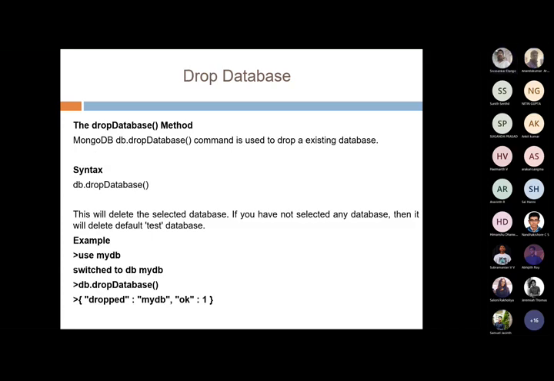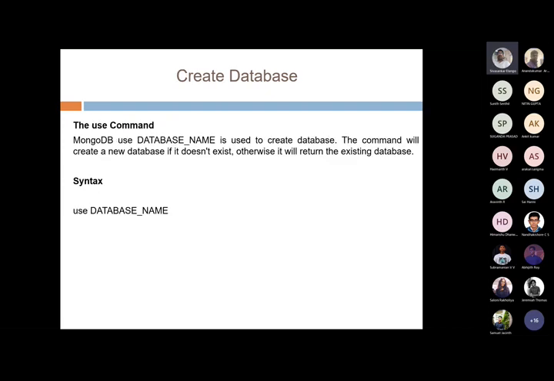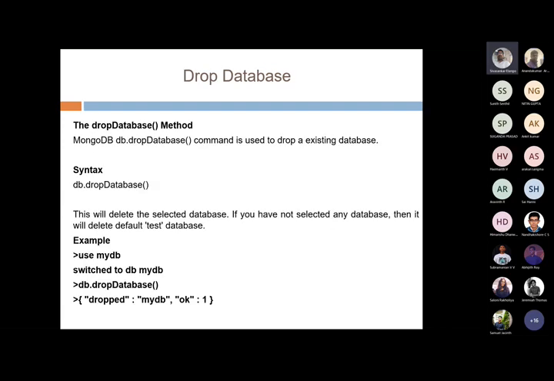Again, we have the drop database command to drop an existing database. So use database name is used to create a database, whereas drop database is used to drop an existing database.